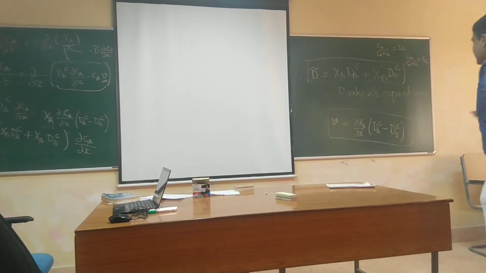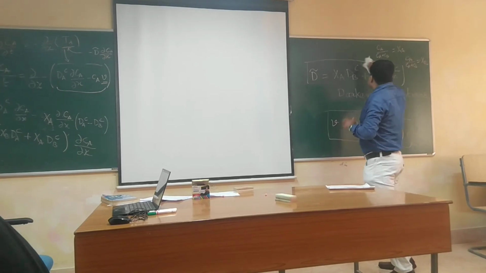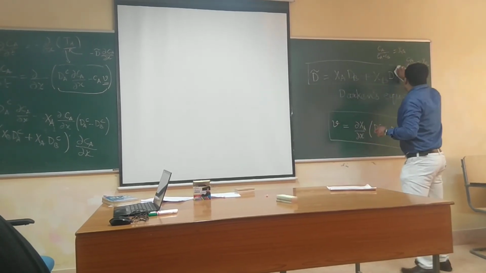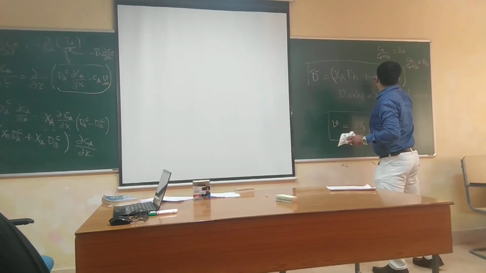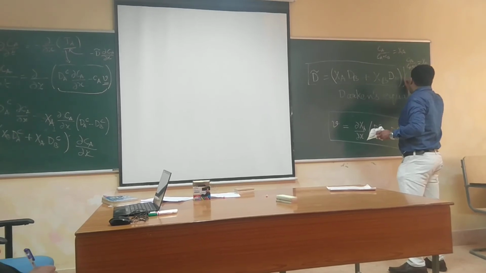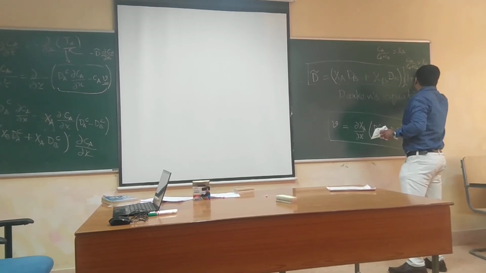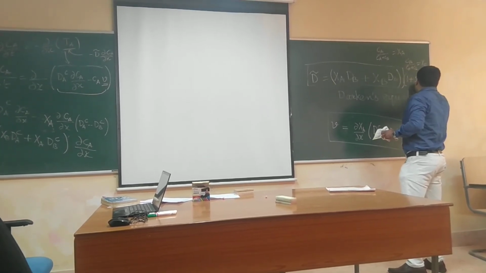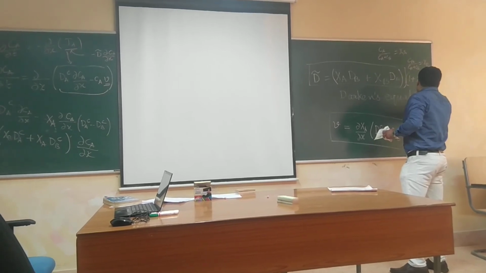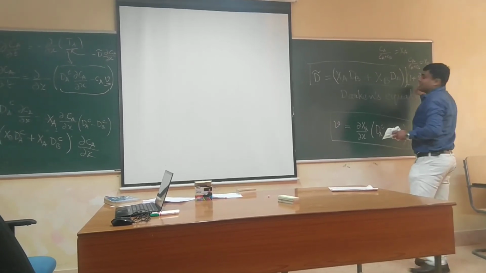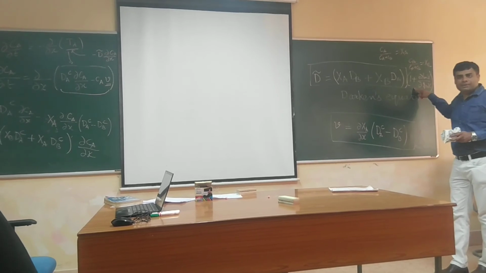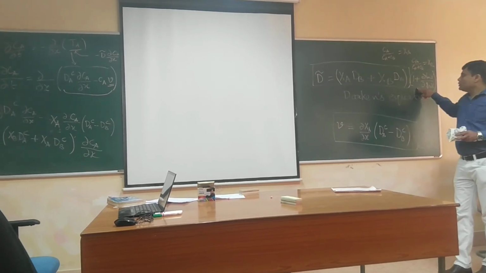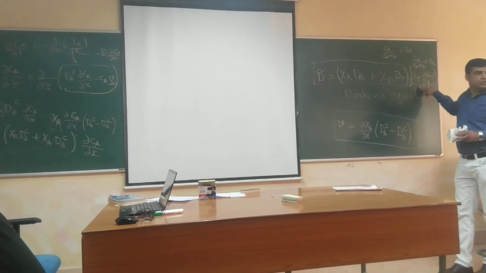So can we write that instead of this, this is multiplied by the thermodynamic factor, which is 1 plus del ln gamma over del ln x. For any component, the thermodynamic factor is the same. Understood?